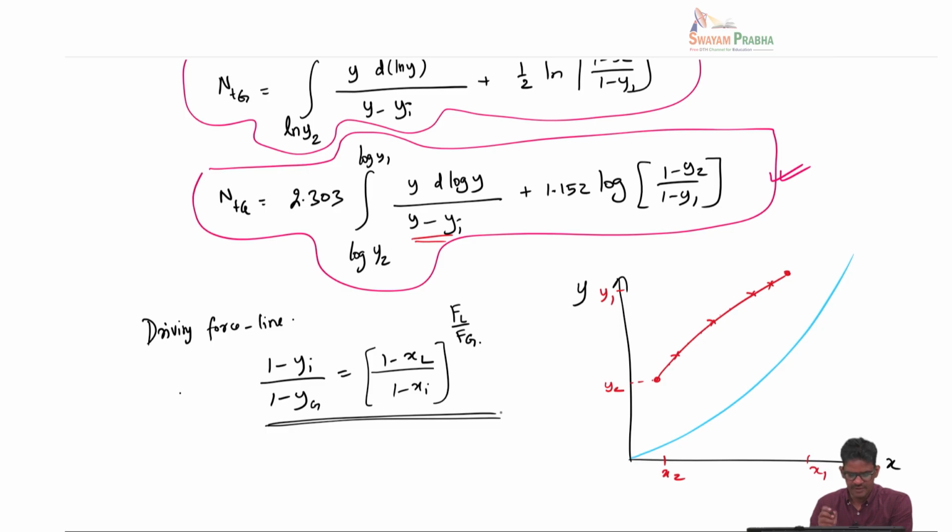The way I have obtained this driving force line is by equating the mass transfer rate from the liquid side and the gas side using the respective mass transfer coefficients FL and FG.